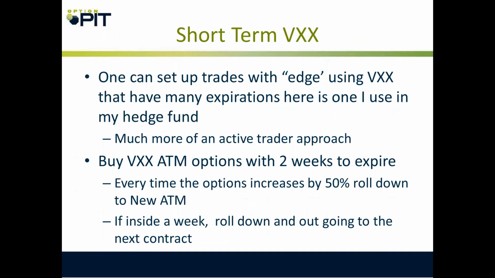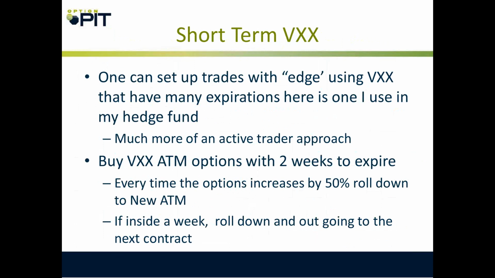So I'll show you a short-term VXX trade that I've done. This one didn't work out that well, but I've got a system that works pretty well most of the time. I set up trades with Edge using VXX that have many expirations because it's got great weeklies and a ton of volume. I buy a VXX at-the-money option with about 2 weeks to expire. Every time the option increases by 50%, I roll down to a new at-the-money.